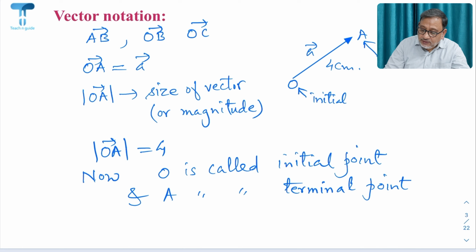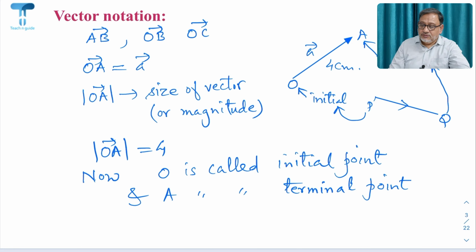For example, if I draw a vector in this direction, PQ, then P will be the initial point and Q will be the terminal point of the vector. I hope you understood how to write vectors with the notation. It is a simple thing.